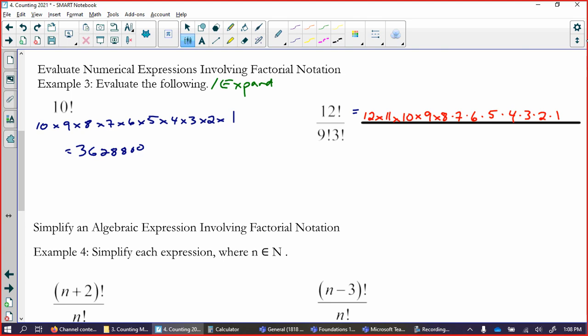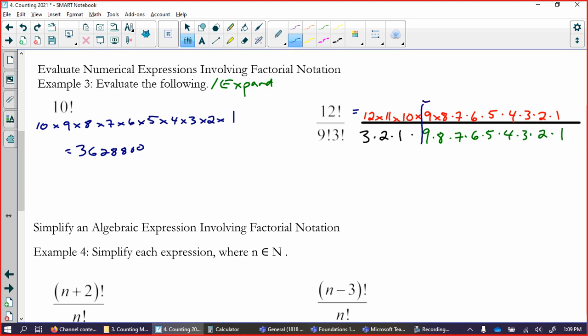So that's 12 factorial. Nothing special about that. I'm going to write 9 factorial over here, and then 3 factorial, and it's a product because that's what is implied there. But the important bit is this back end over here.